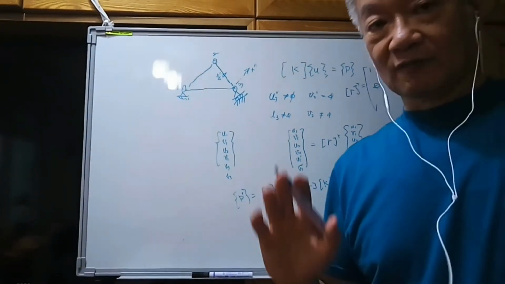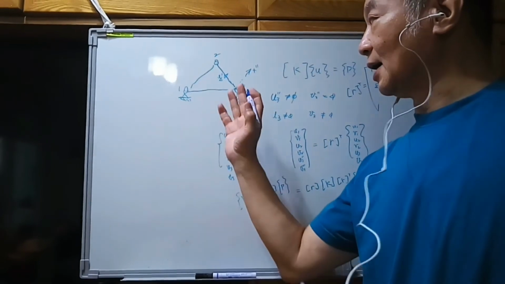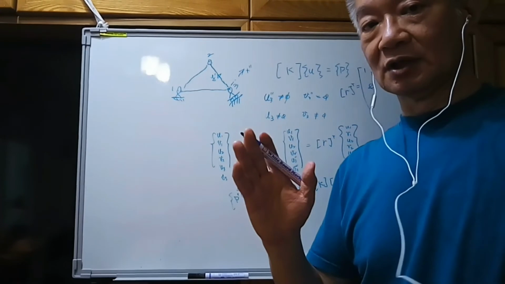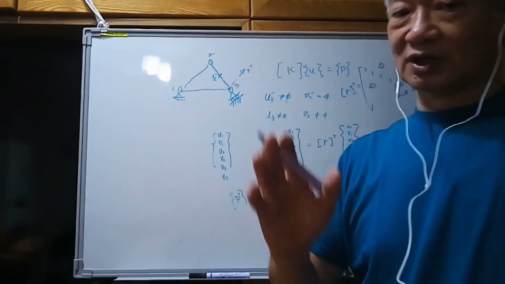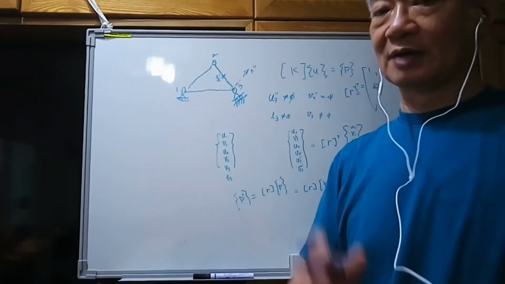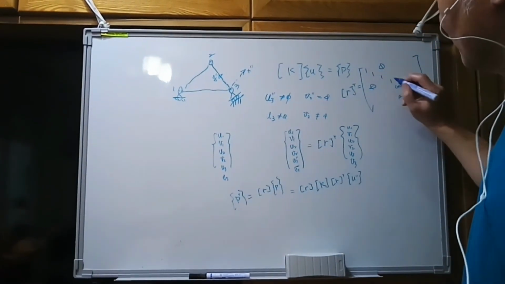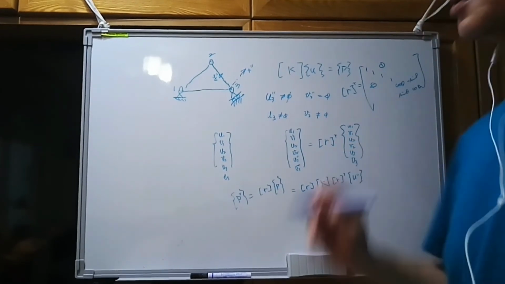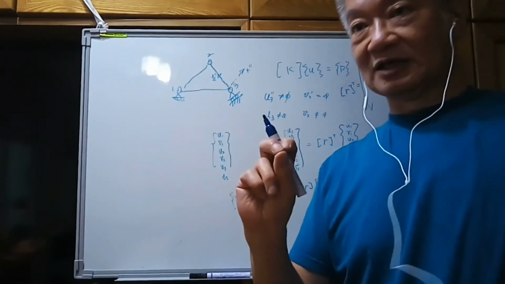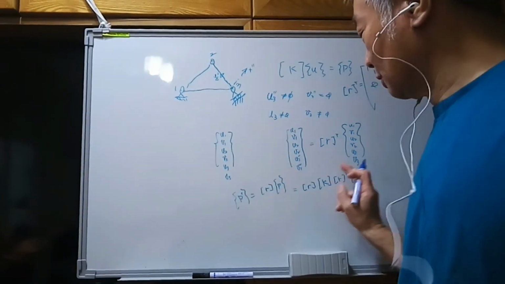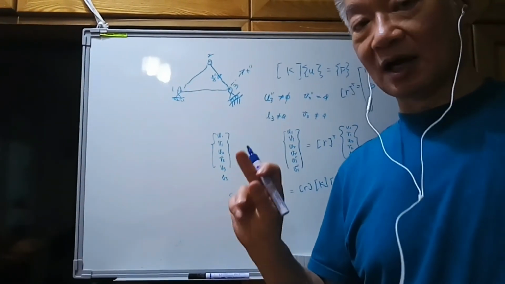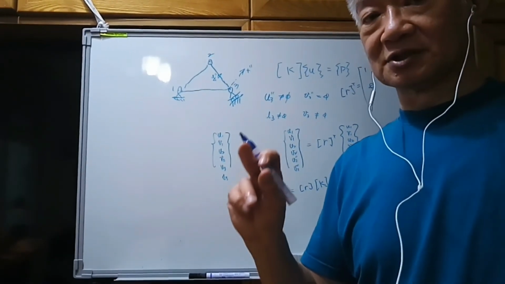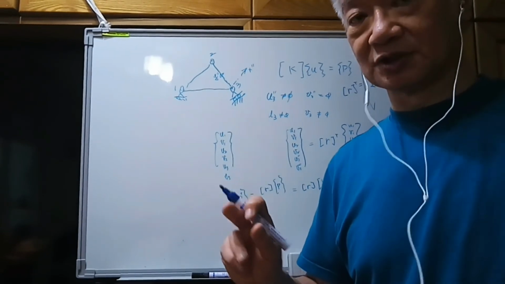So if we'd like to transform the vector components from the global to another local component, the X double prime, for these problems you need to calculate R K R transpose. The R transpose will be the post-multiplied matrix, and the R matrix will be the pre-multiplied matrix.